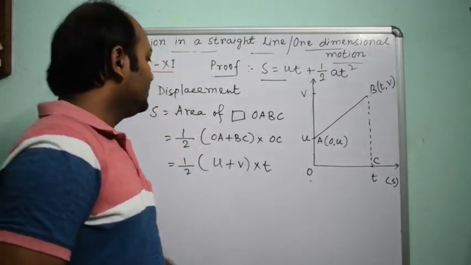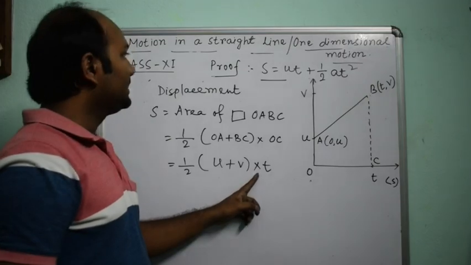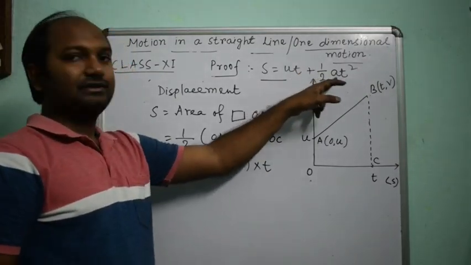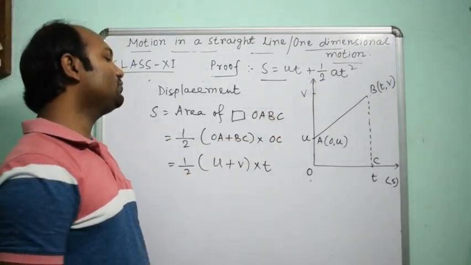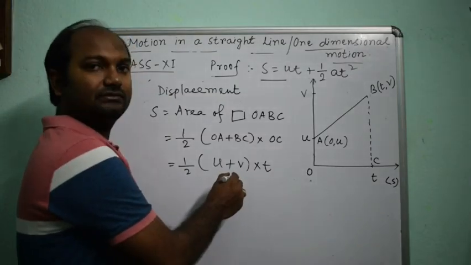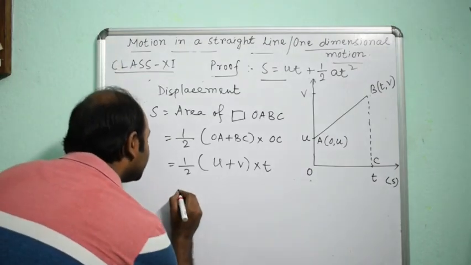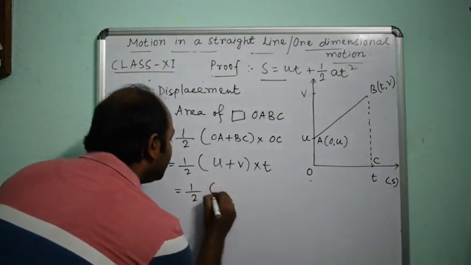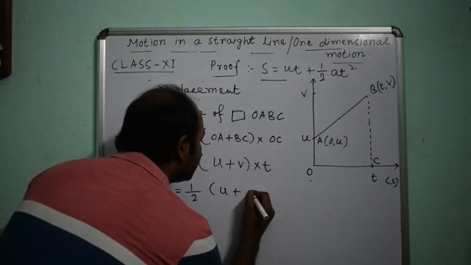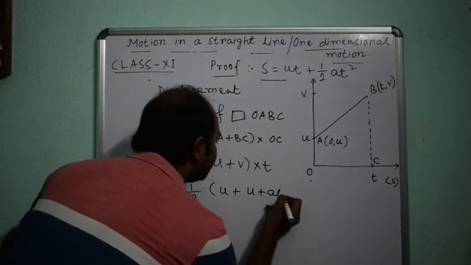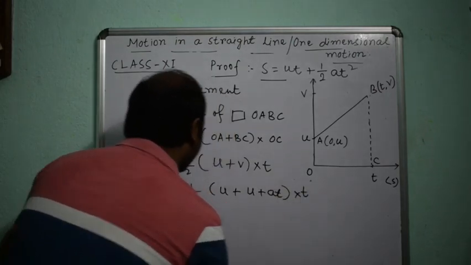You see, in this equation v is not there, so you have to eliminate v in terms of u and t. So this equals half into u plus v, meaning u plus at, into t.